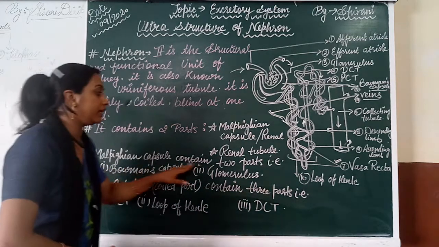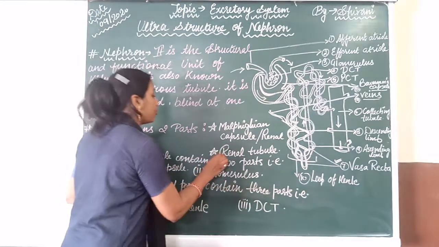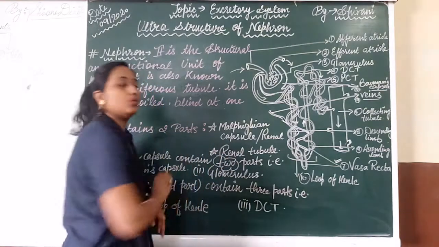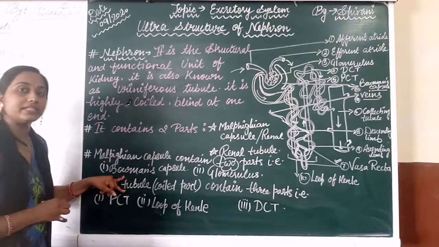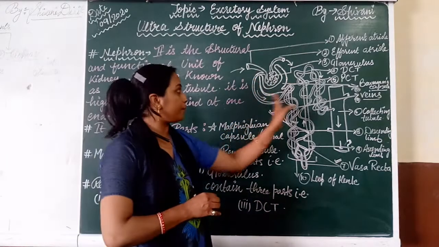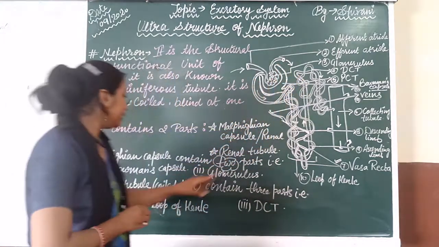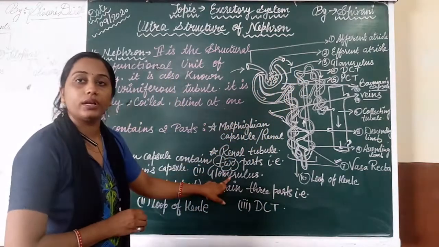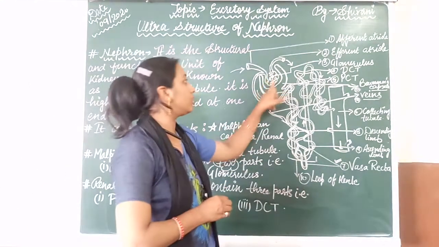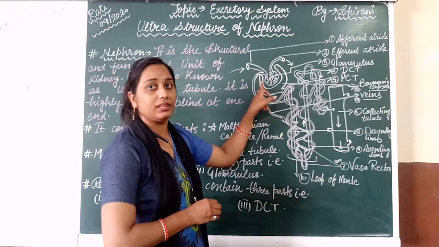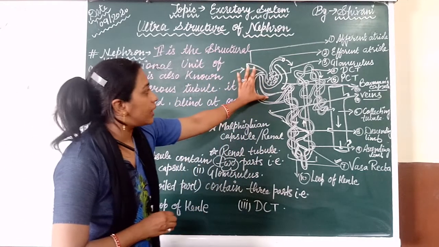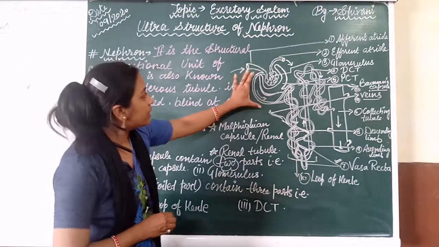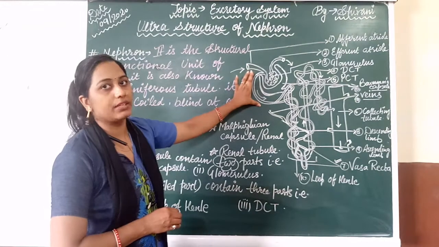Malpighian capsule contains two main parts. Number 1, Bowman's capsule, that cup-like structure, and second part is glomerulus, those knot-like capillaries present in the Bowman's capsule. So these are the parts of the Malpighian body.